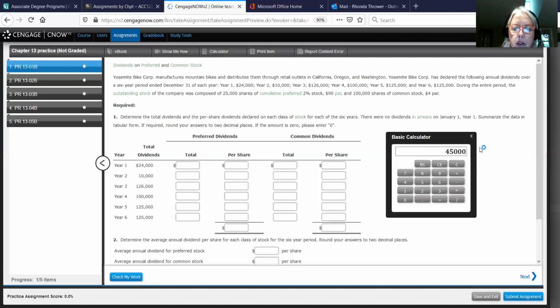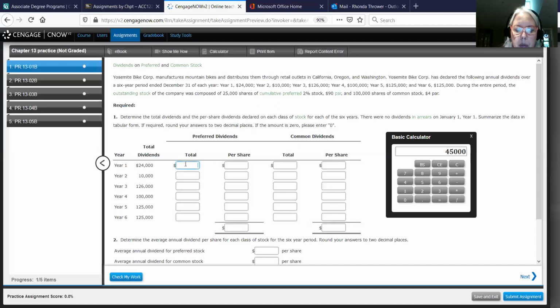Notice the amount of the dividends that we owe to our preferred stockholders of $45,000 is more than the total dividends that this company has declared. So what that means is your preferred stockholders will get the entire $24,000 because you owed them $45,000.